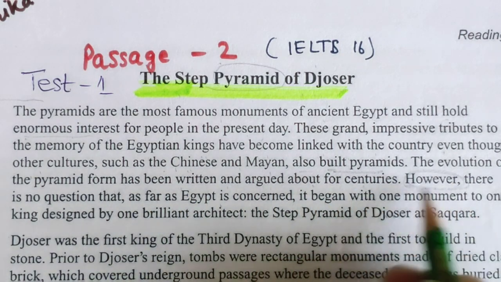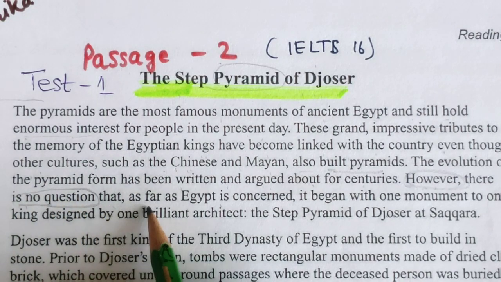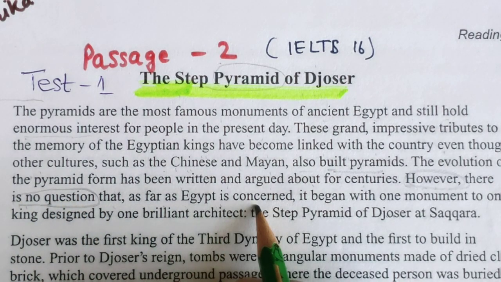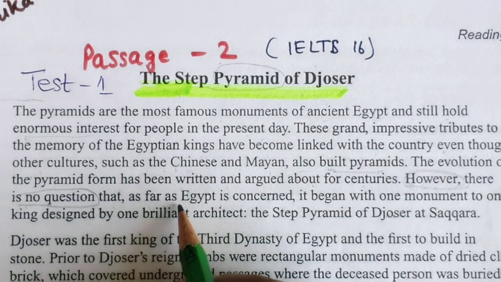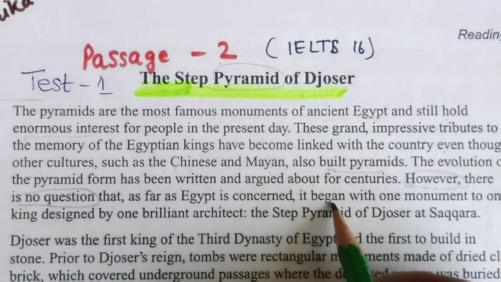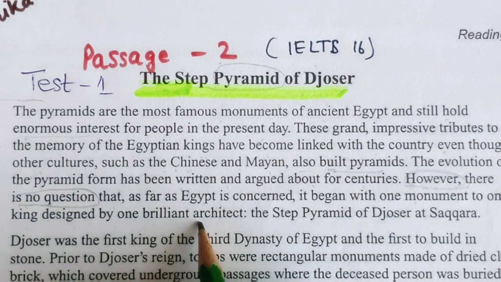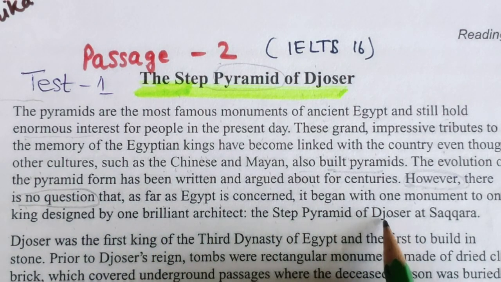"However, there is no question that as far as Egypt is concerned..." If there is no question as far as Egypt is concerned, it means Egypt is stable. "It began with one monument to one king designed by one brilliant architect, that is the step pyramid of Djoser at Saqqara." So let's read it.